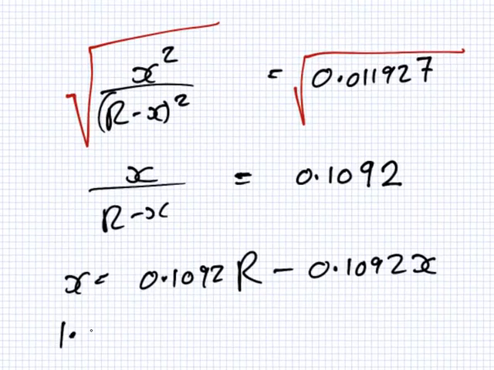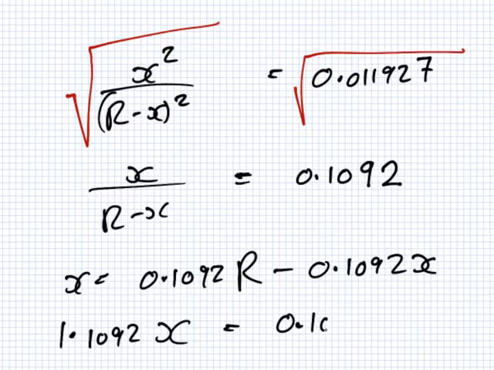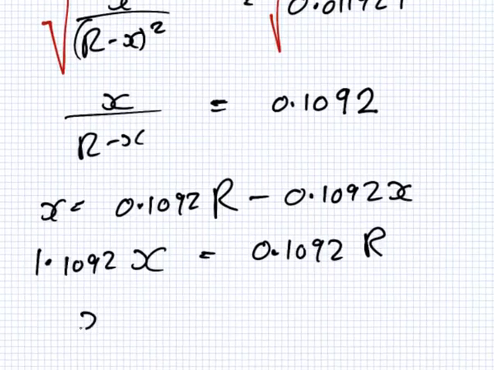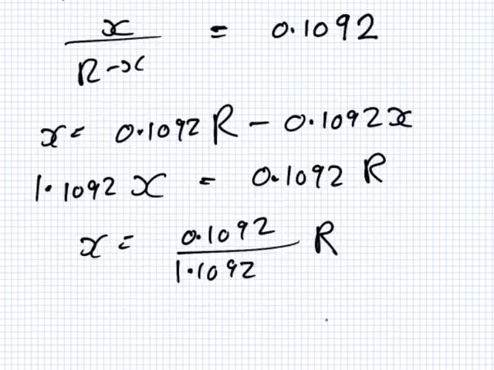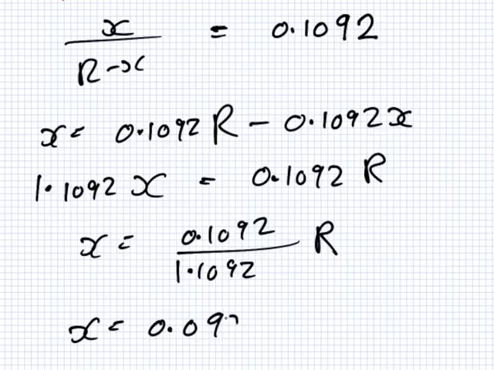So I get 1.1092x equals 0.1092 r. So x equals 0.1092 over 1.1092 r. So I get x equals 0.09846 r.